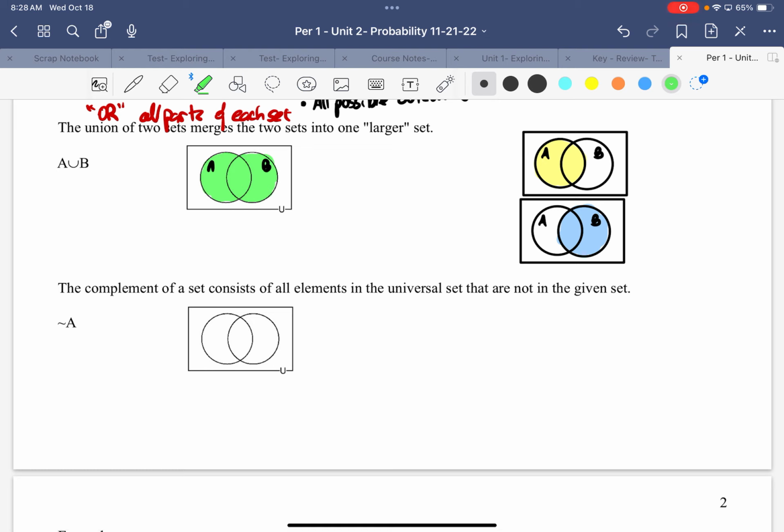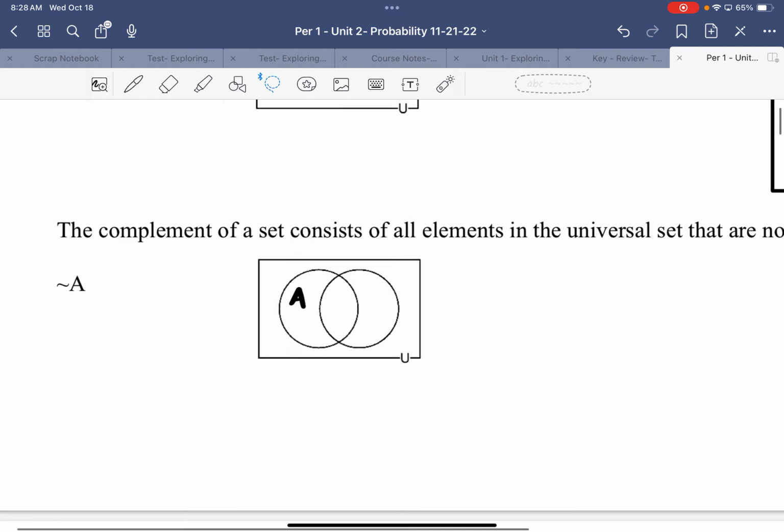Now, the last one here, I probably should have led with this, now that I think about it. It's probably much easier. So, if I'm letting A be whatever's in that circle, this is something to keep in mind, very important. When I label this A, I put the A here just to not overlap with part of the circle.